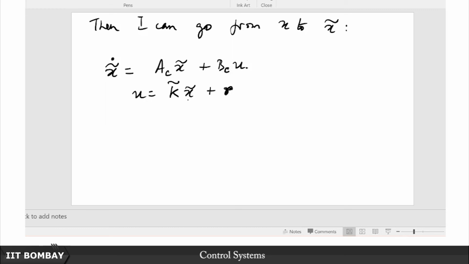Then what happens? Then I know that x tilde dot is equal to AC plus BC K tilde, or let me call this KC, to be consistent with the notation.